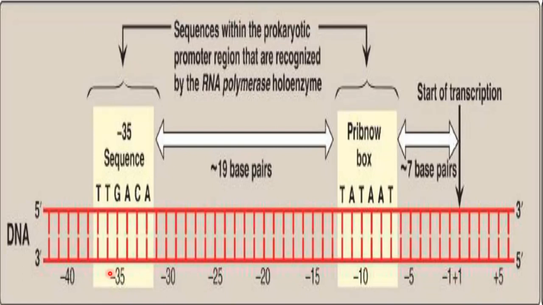So the region found about 35 bases to the left of the transcription start site is known as the -35 sequence, the TTGACA, and this is where the holoenzyme will first bind and form a closed complex. Then it will slide downstream until the Pribnow box, where the beta prime subunit will catalyze the unwinding of the DNA duplex to form an open complex, the transcription bubble.